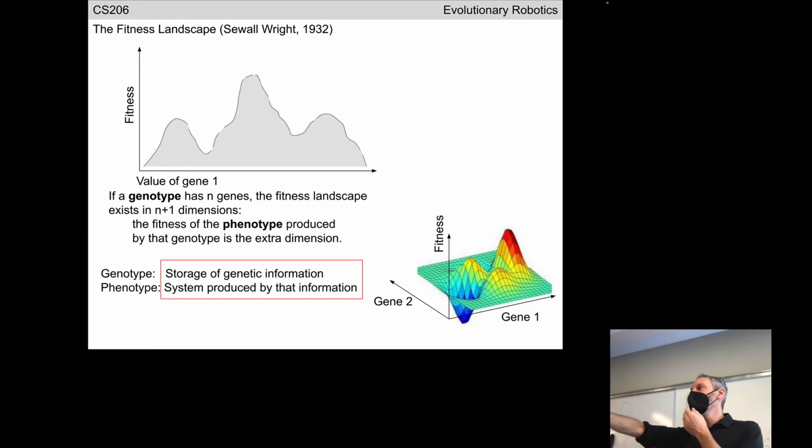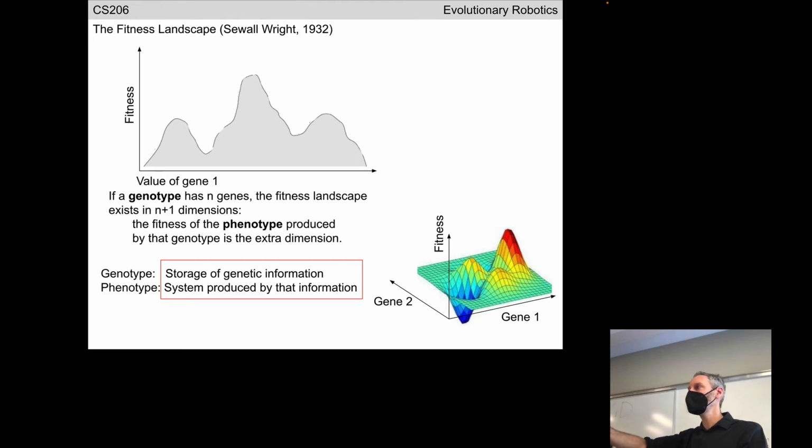And as we now move about horizontally in this three-dimensional landscape, at every horizontal position, it corresponds to a particular pair of values for those two synapses. And as always, we add one more vector, the vertical vector, which corresponds to the fitness of the robot when it's embodied with those two synaptic weights.